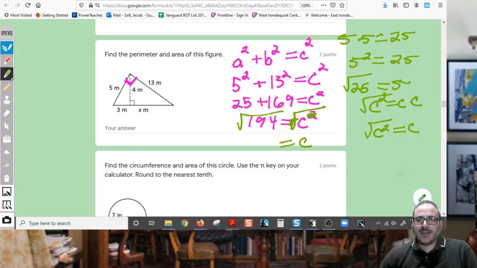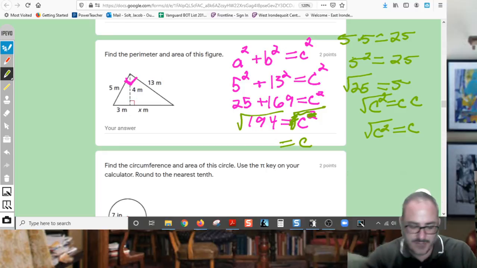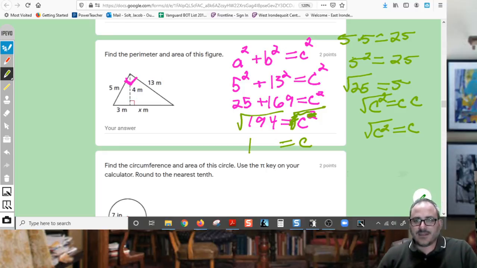These two things cancel each other out. And I can find out what the square root of 194 is. Let me go to my calculator over here, because it's a little faster. 194. If I'm rounding to the nearest tenth, it's 13.9. Okay, that's the whole length. The whole length is 13.9.